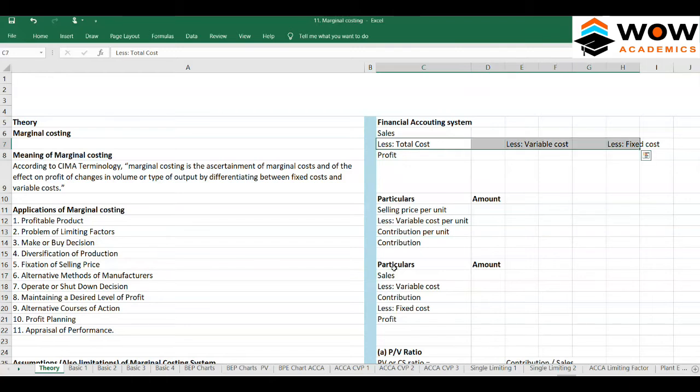The idea in marginal costing is bifurcating or dividing the cost into two parts, called variable and fixed cost. And as we have seen in the introduction to cost accounting itself, a variable cost is a cost which changes with activity.